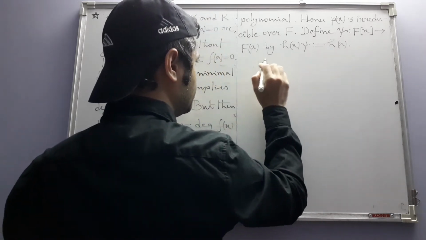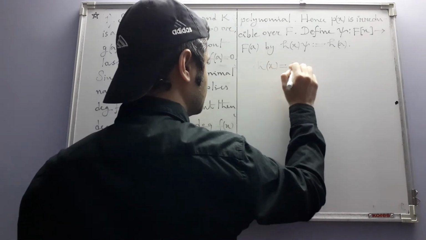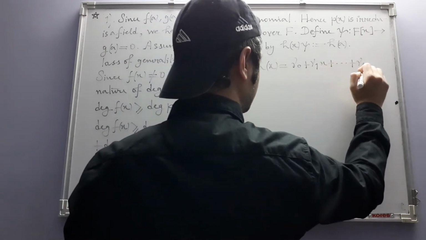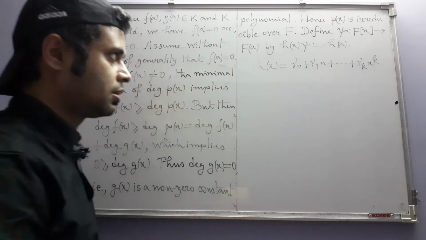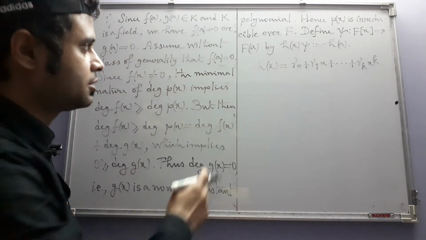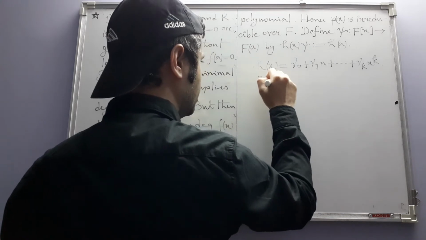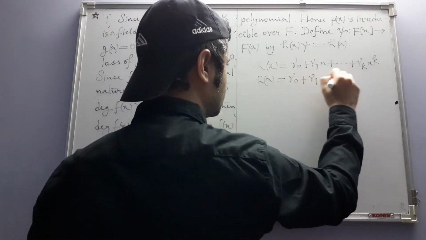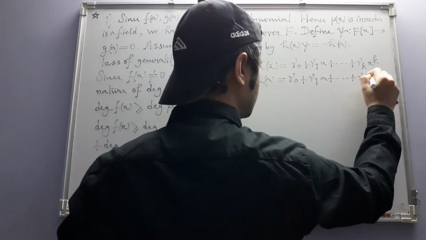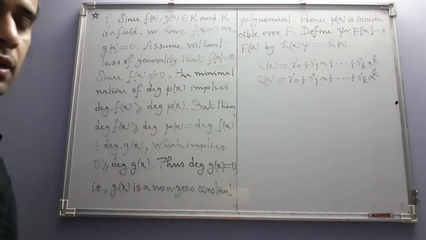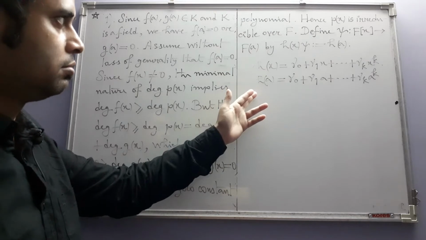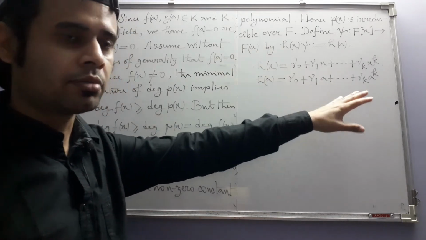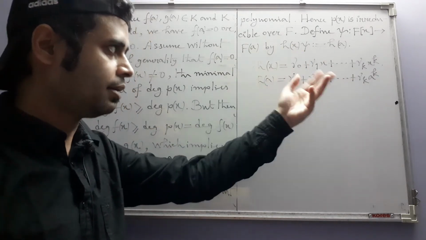if h is a polynomial like this, say some gamma naught plus gamma 1 x etc. plus gamma k x to the power k, where the gammas are elements coming from the field F, then h(a) is this, which after all is an element in K, in fact not just K, it's an element in F(a), because it has been formed by using some elements of F and powers of a.